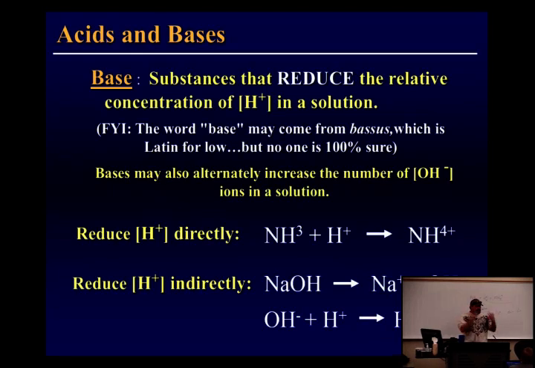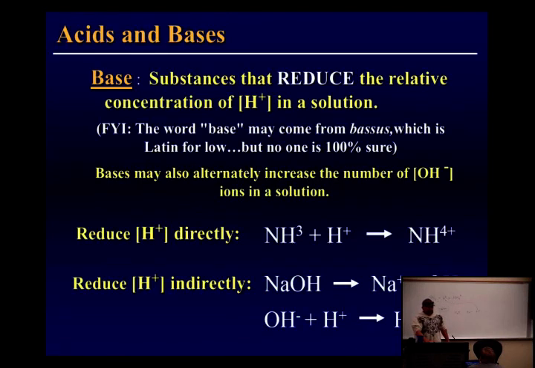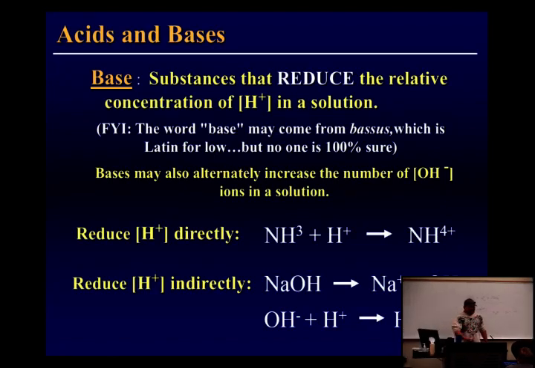So it's taking H pluses out of water, which makes it more basic. So does the pH go up or down? The number goes up, right? The negative value, 10 to the negative value, goes down.